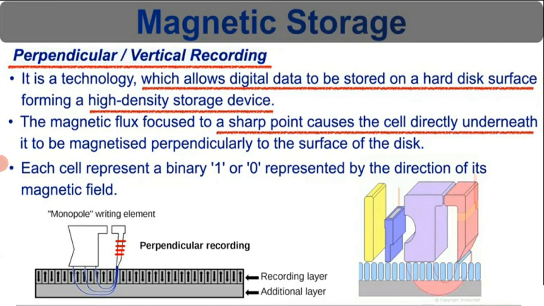The magnetic flux focused to a sharp point causes the cell directly underneath it to be magnetized perpendicularly to the surface of the disk. Each cell represents a binary 1 or 0, represented by the direction of its magnetic field.